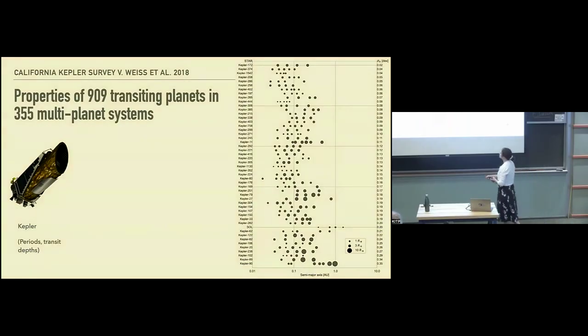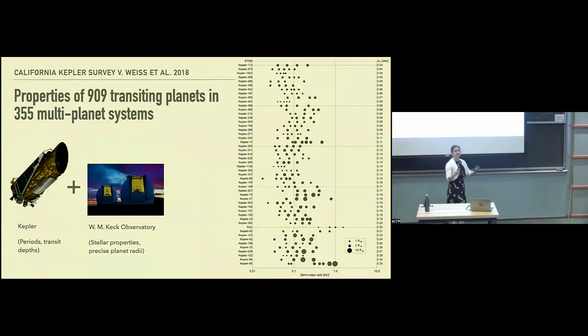All of these planet transits, their orbital periods and transit depths, came from the Kepler mission. And what we did is we spent several years getting spectra with the Keck Observatory to refine the stellar properties and get precise planet radii for all of these planets.